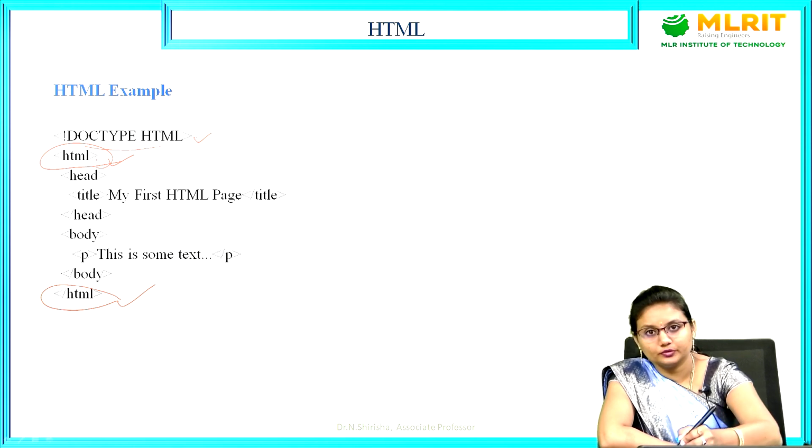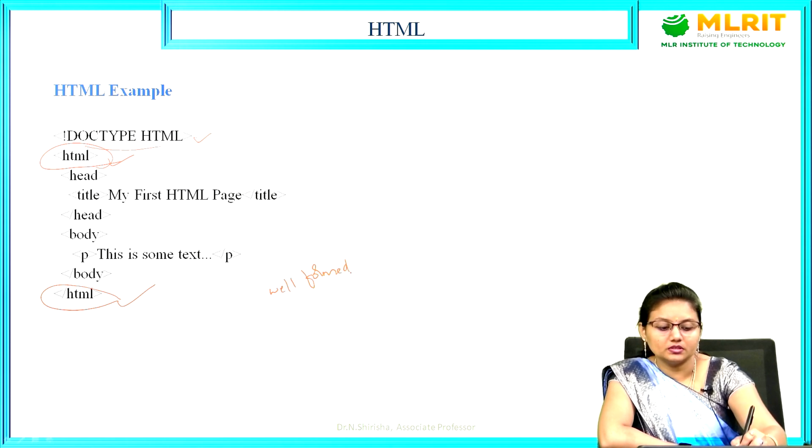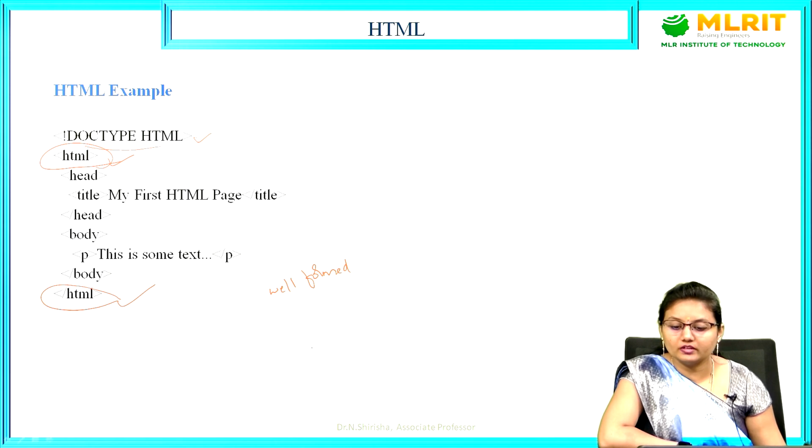So we call this well-formed. HTML is a well-formed language. That means whatever tags you use here, wherever you start them, they should be closed. Okay. Then the head part.